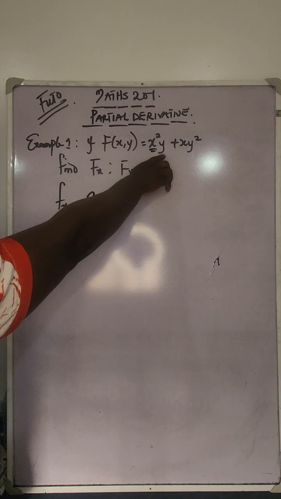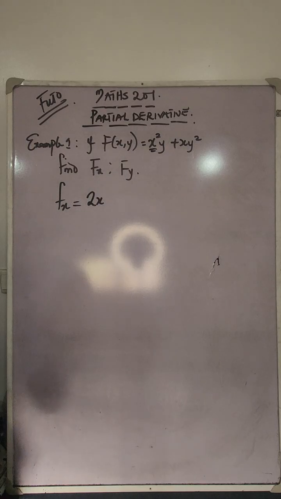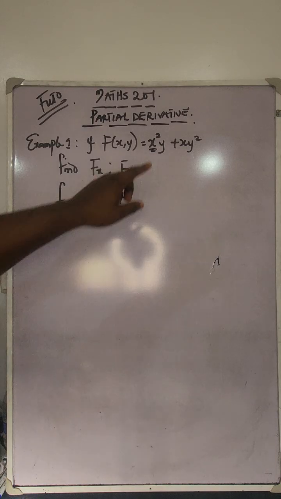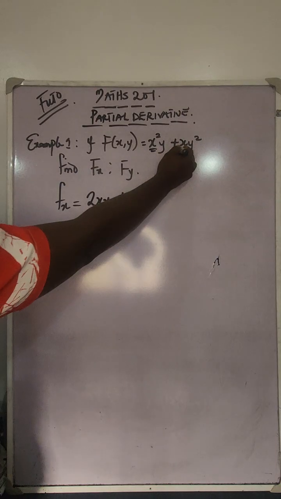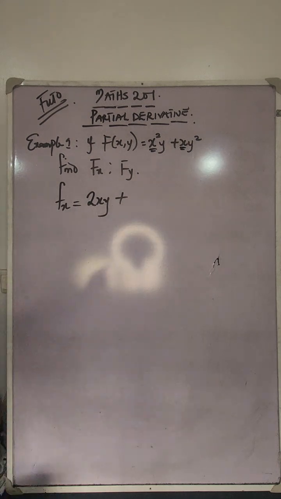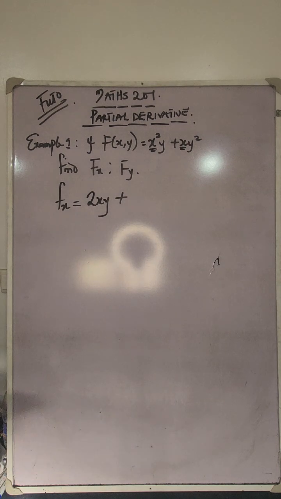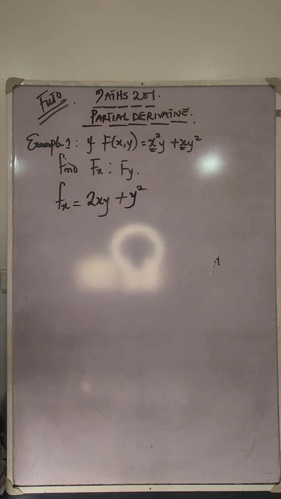So 2xy, plus, again, we are only paying respect to x here. If you differentiate x there, you have 1, and 1 multiplied by y squared is y squared. It's as simple as that.